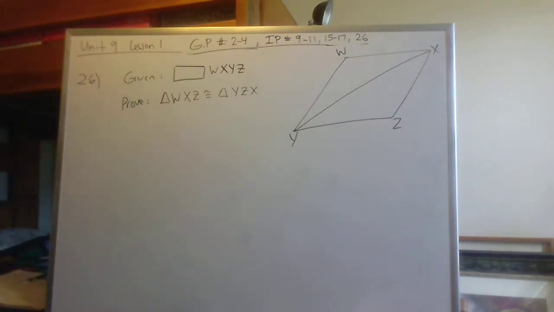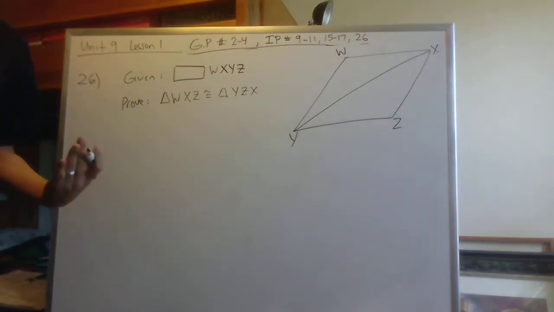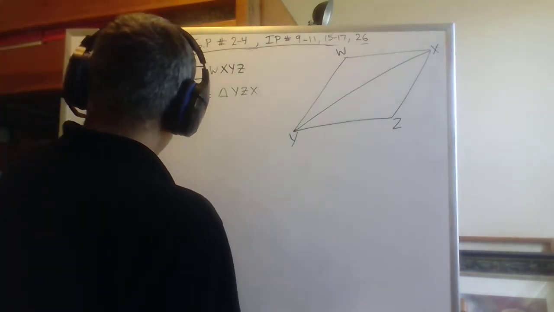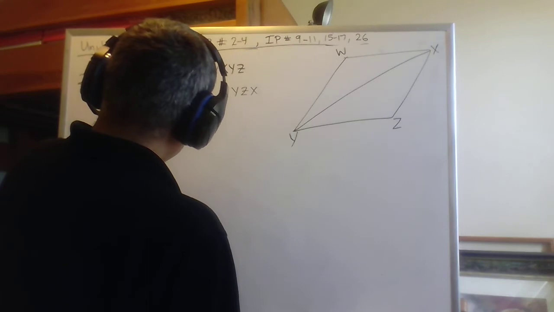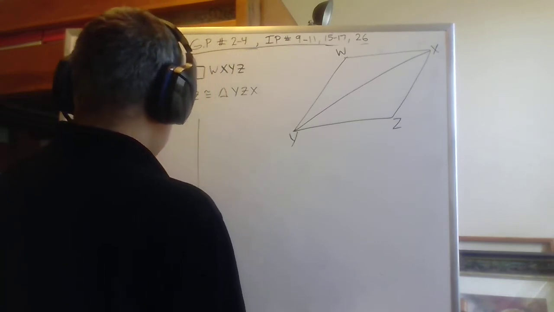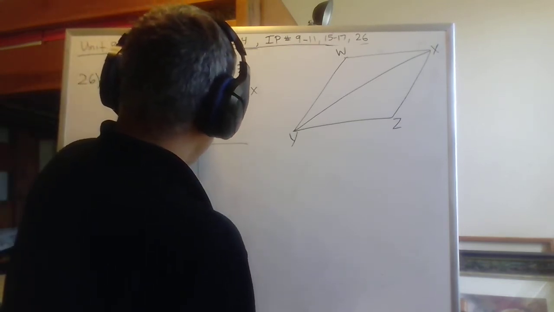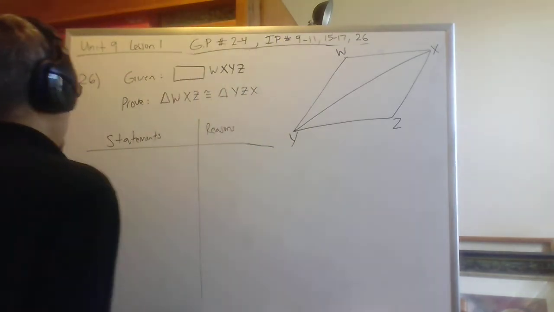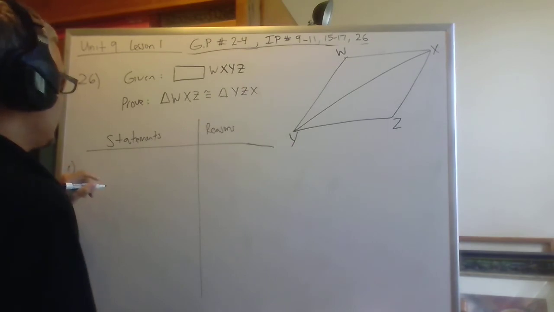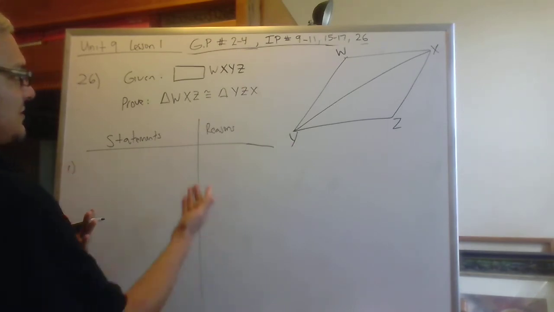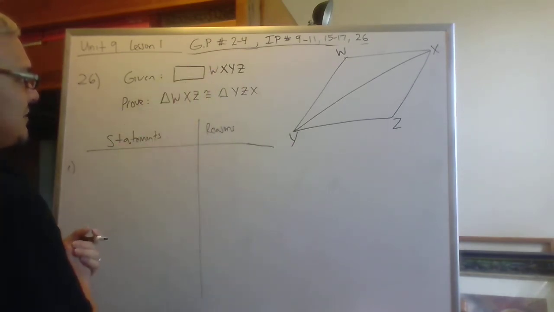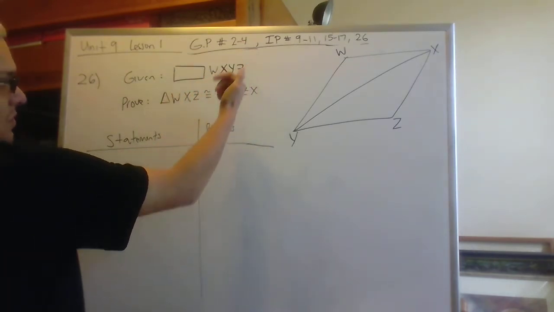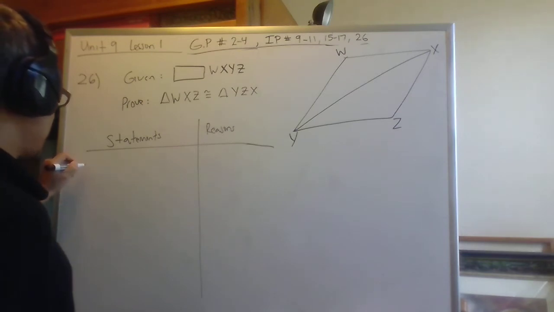So as we've talked about in other lessons and units, the two-column proof has two columns. Your statements, and then it has your reasons. We want to always start with what's given. Essentially, it just says that there's a parallelogram WXYZ.